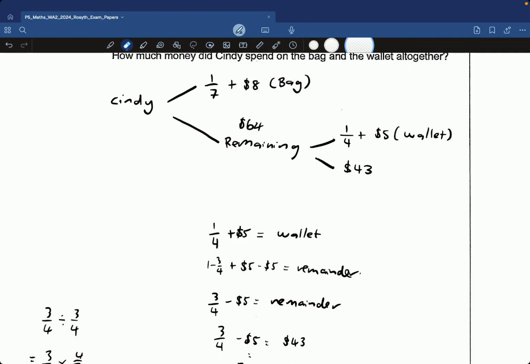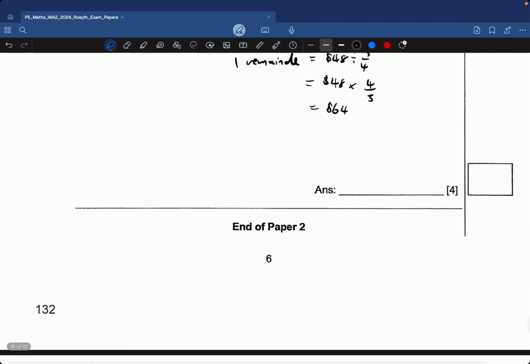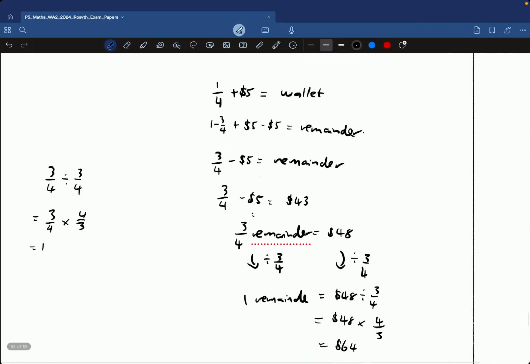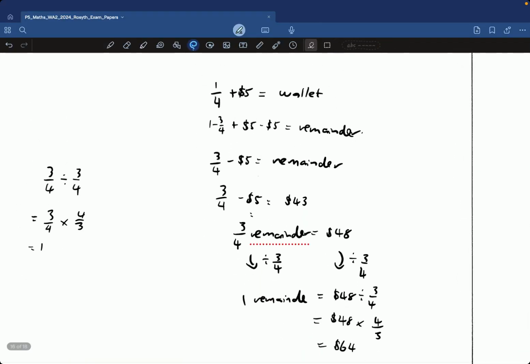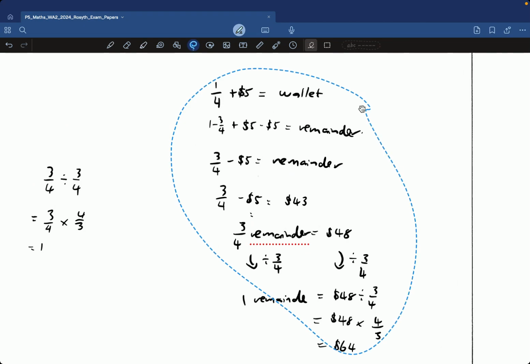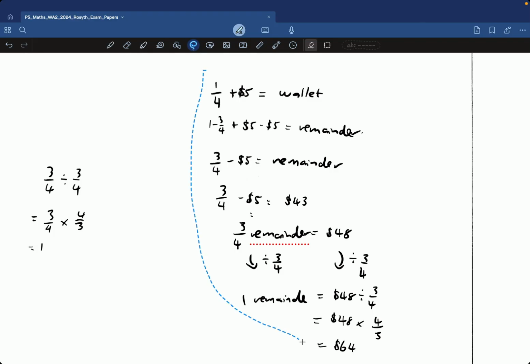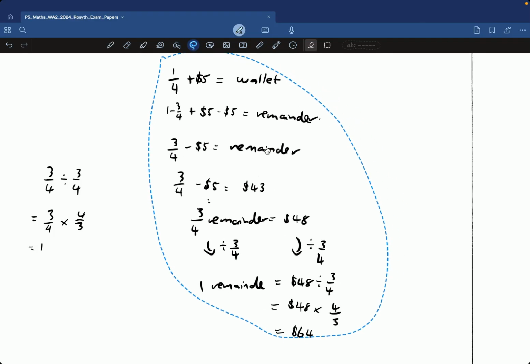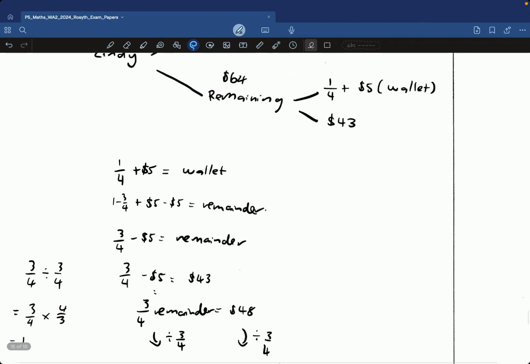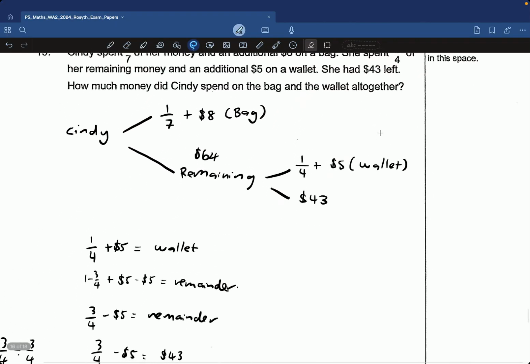Now we do the same. We know that the bag is 1 over 7 plus $8. What's the remaining?